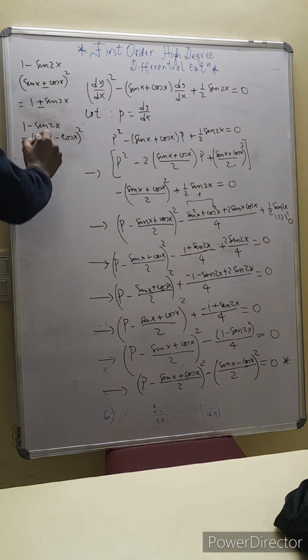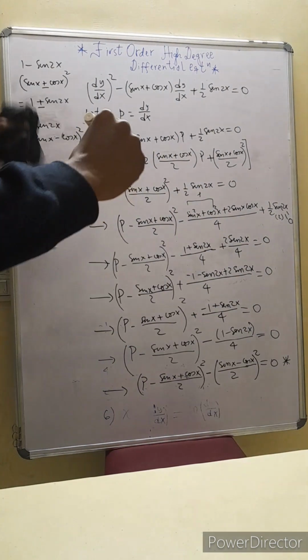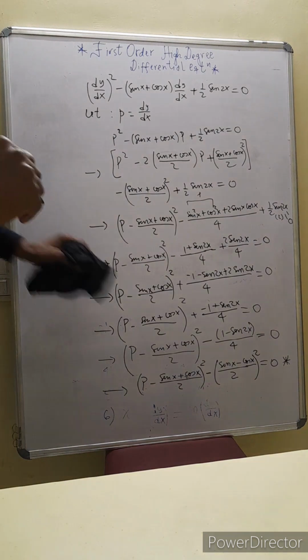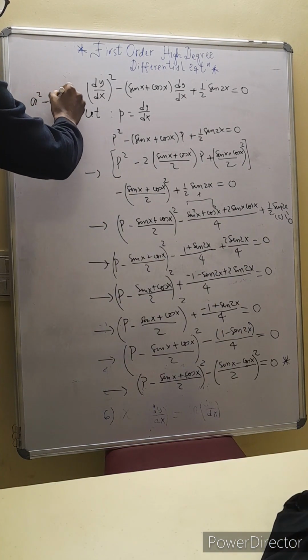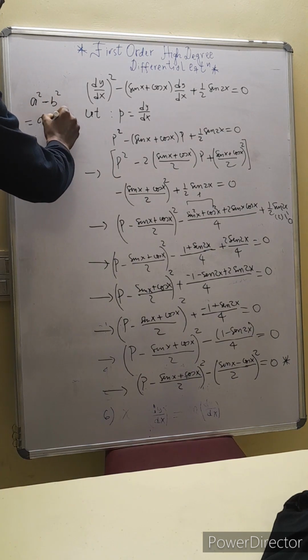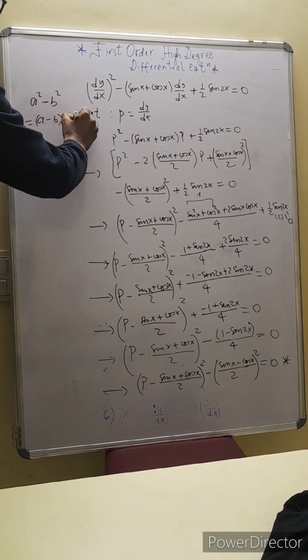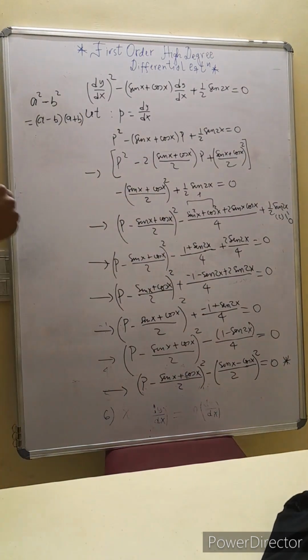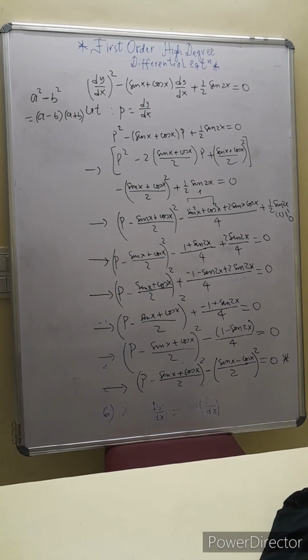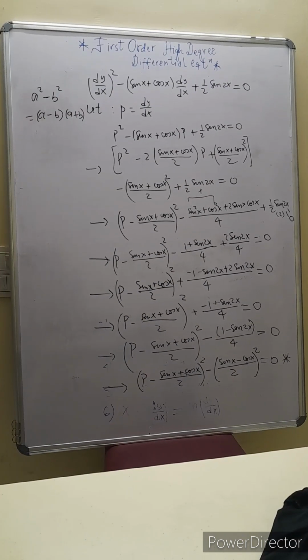Whenever we have a square minus b square, it is a minus b times a plus b. Okay, this is what we are going to have there.